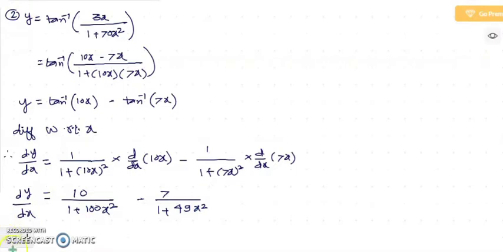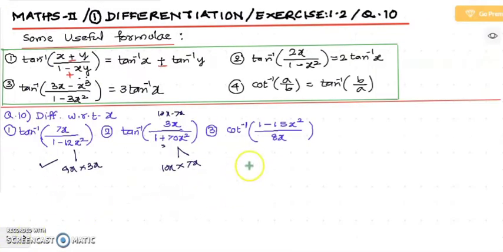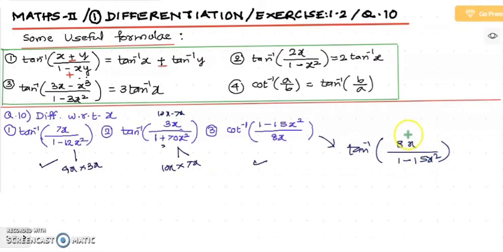Let's see the next example. The next example is cot inverse of 1 minus 15x square upon 8x. How do you rearrange it? This is written in terms of tan inverse as tan inverse of 8x upon 1 minus 15x square. Now think about the two numbers whose product is 15x square and whose sum is 8x, since the numerator should have a plus sign.